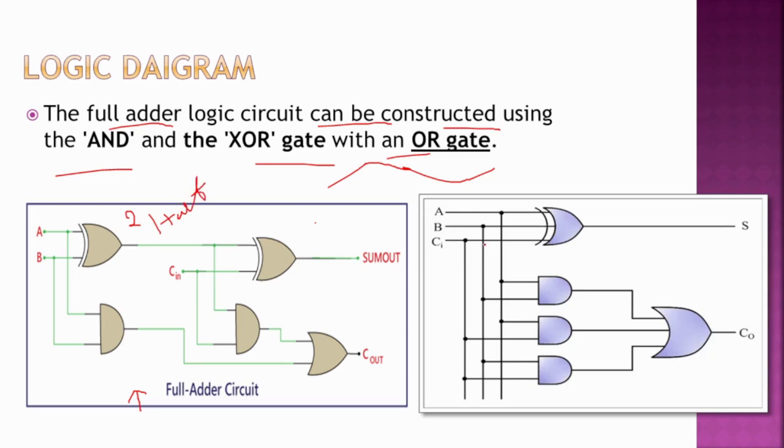But this one is constructed by using the 3 input XOR gate. Afterwards, it is connected with the AND gates. Finally, to provide the carry output, these 3 AND gates are connected with an OR gate. So both logical diagrams will be correct for full adder.